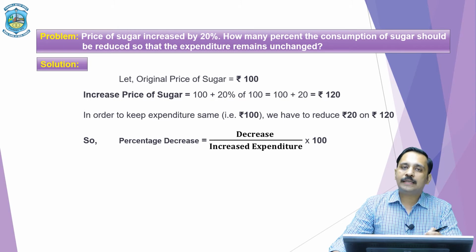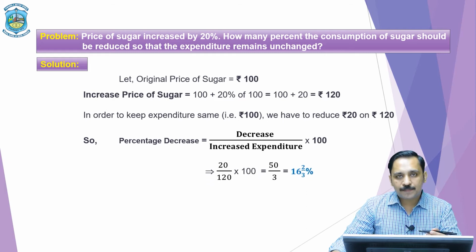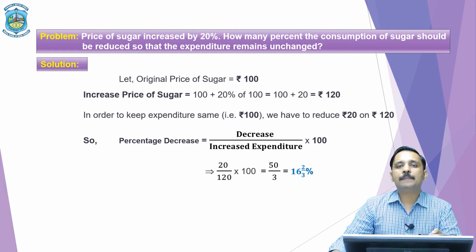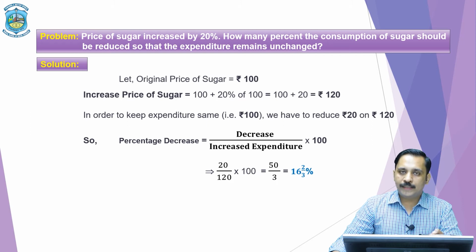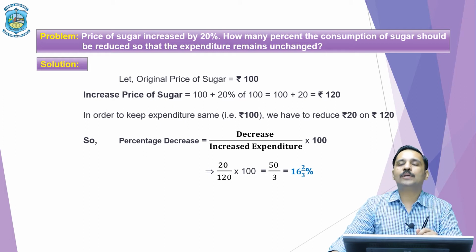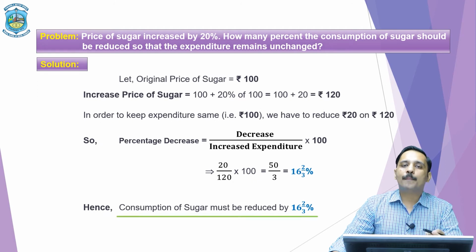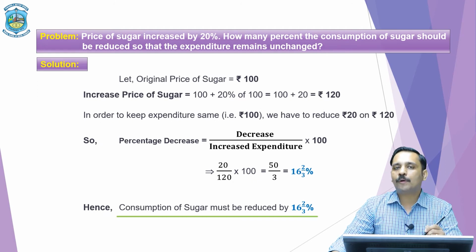Here the amount of decrease is 120 minus 100, which is equal to 20, divided by the increased expenditure, which is 120, multiplied by 100. On solving, we have the value as 50 by 3, and in mixed fraction we can write it as 16 2 upon 3%. Hence, the consumption of sugar must be reduced by 16 2 upon 3%.